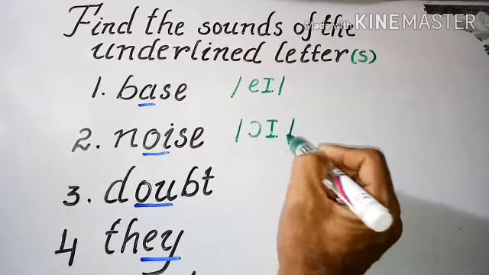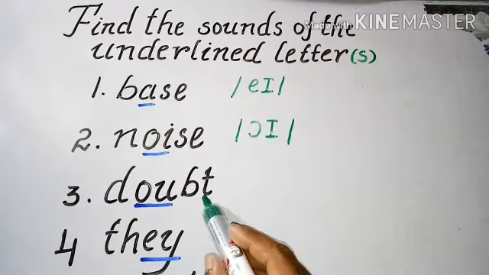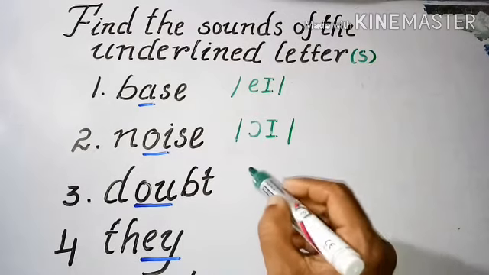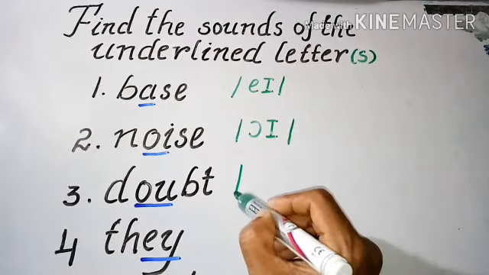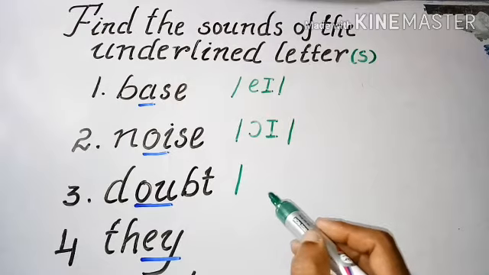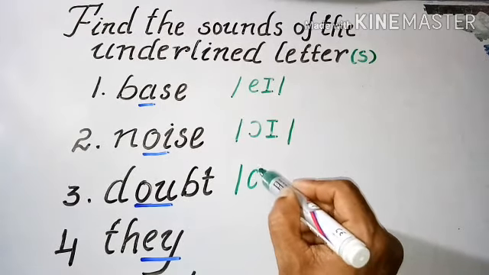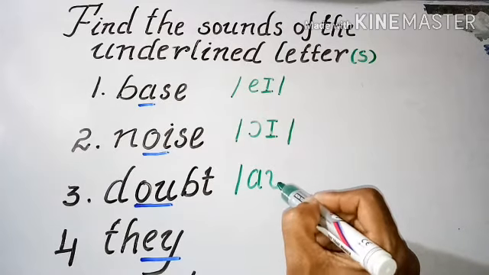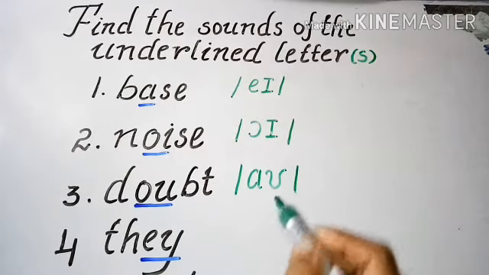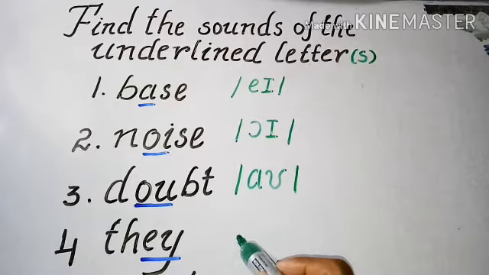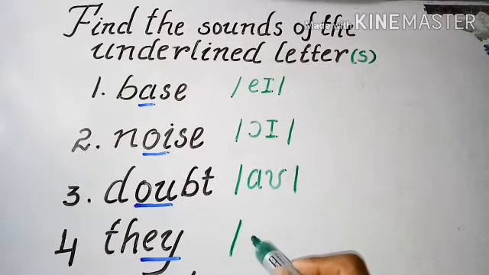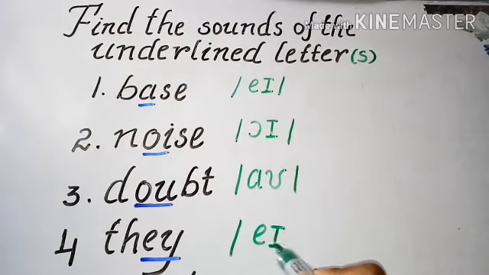This is D-O-U-B-T, doubt. A and U, that is A and U, doubt. Next one is T-H-E-I, they. This is A, A, they.